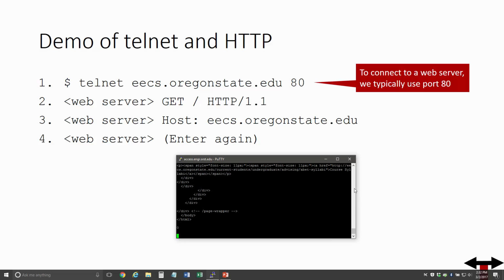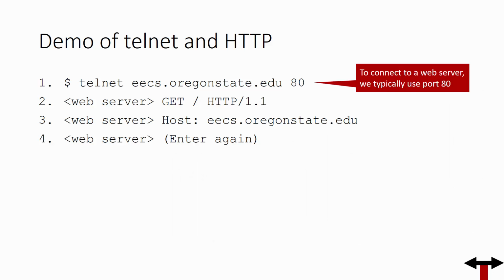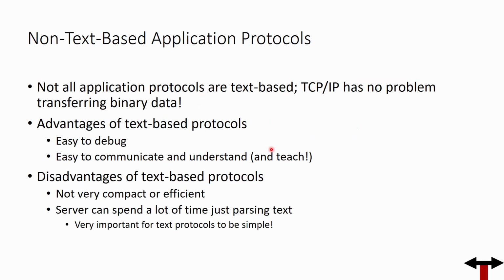Enter and enter again, and there is the HTML page returned directly to me. So as a text command, as a text-based protocol, I can interact with that protocol with direct text that I type in with Telnet.